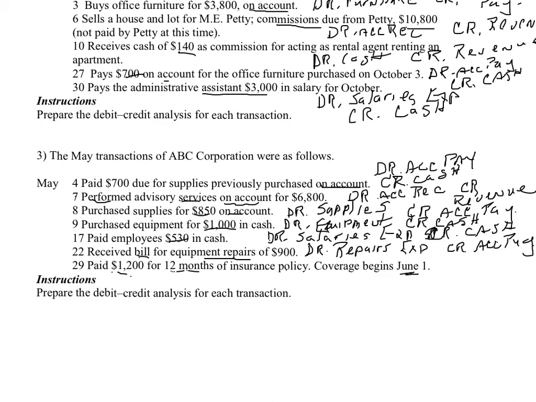Now this, I purchase insurance to cover me for a year. I do that on May 29th. In essence, I've bought an asset that will protect me for a year. So we call that asset prepaid insurance. So we debit prepaid insurance. Okay, and we credit cash.